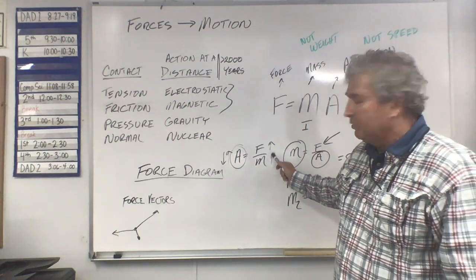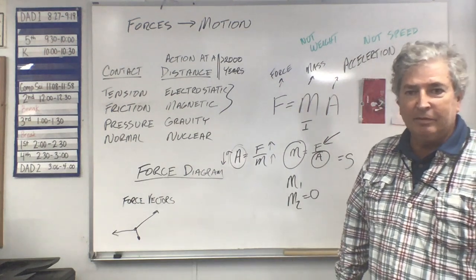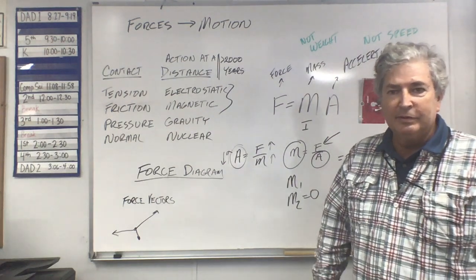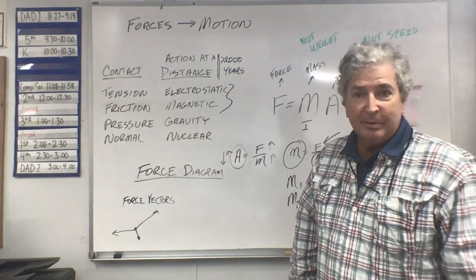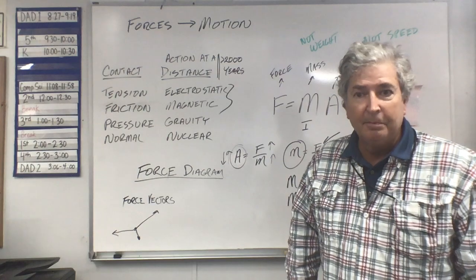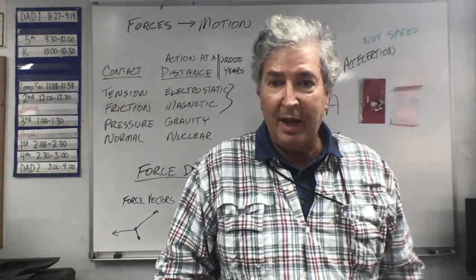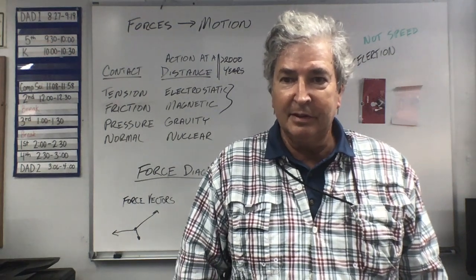As inertia goes up, acceleration goes down. It's harder to move something. And you'll see a demonstration of this in the lab that I prepared for you. Watch that video and see how more mass decreases acceleration.